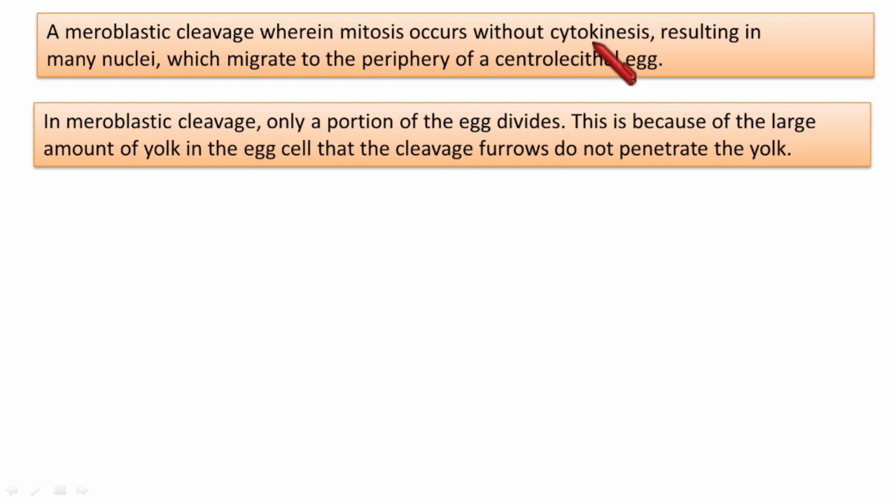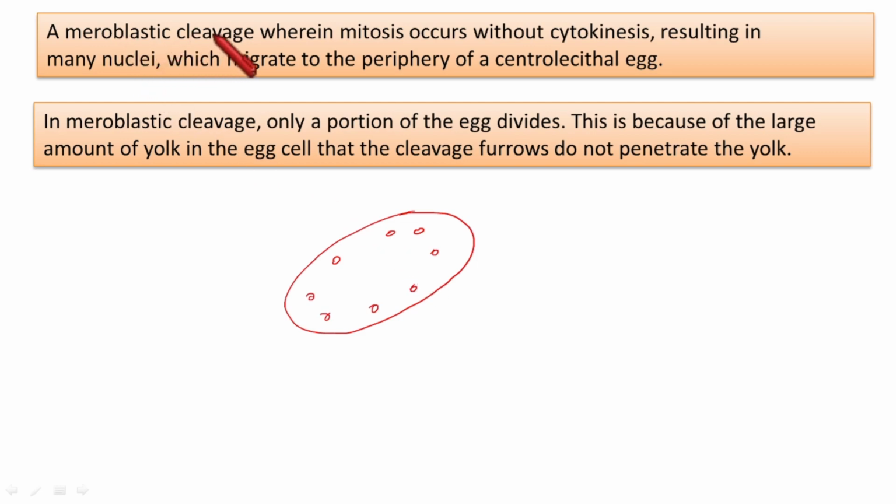Division of the cell is not taking place. Only the nucleus keeps on dividing. And what results from such a division? A cell with numerous nuclei, a syncytial condition. So that is superficial cleavage.